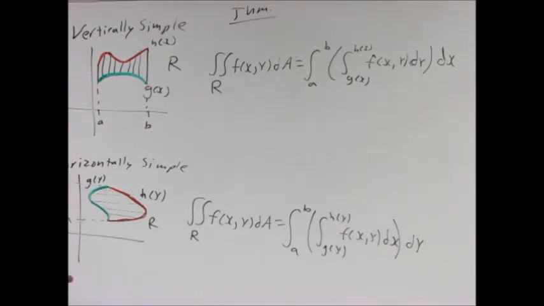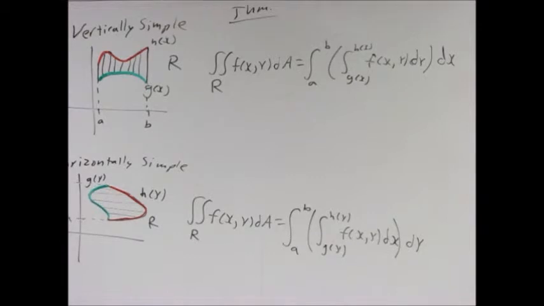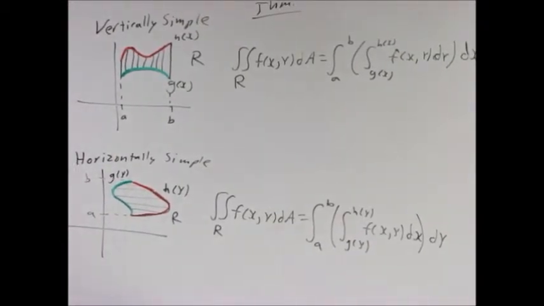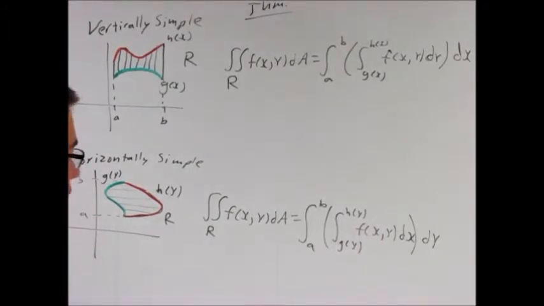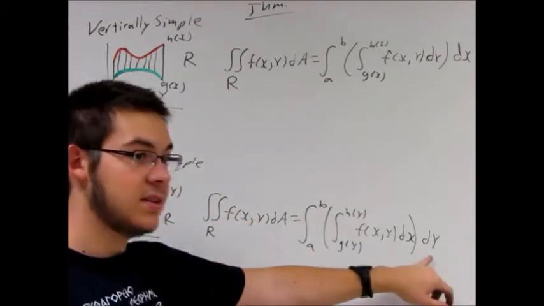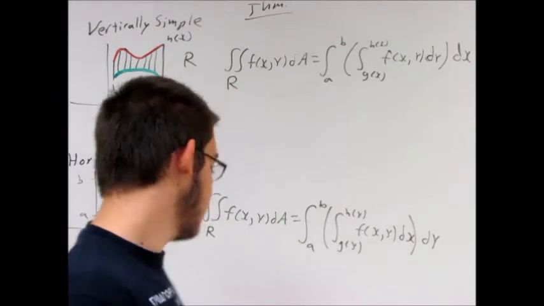It has to be numbers, because when you substitute in the end, you don't want variables, because it's going to be a volume in this case. A volume can't have variables in it, it's just going to be a number. And again, horizontally simple is going to be dx dy, and vertically simple is dy dx.